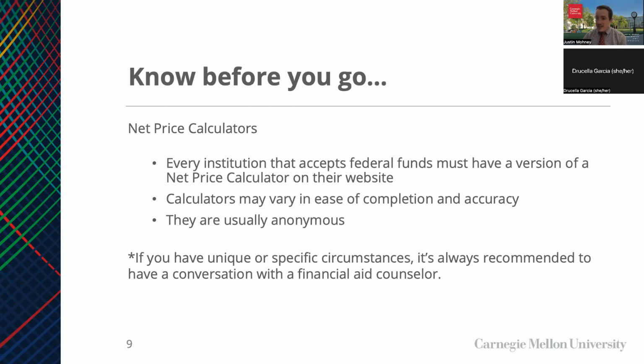That is something that we make available here at Carnegie Mellon when completing our net price calculator so that you could schedule a time to sit down with an individual like myself or my colleague Drusella to talk through that output and to talk through your eligibility.